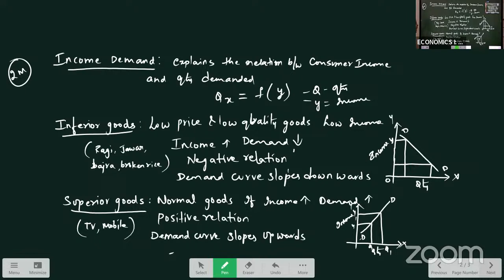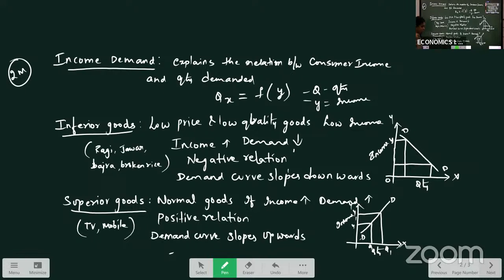In this case, income is the factor which is affecting the demand, not the price. As income increases, we demand less quantity of inferior goods. And as there is a negative relation between consumers' income and demand for inferior goods, the demand curve slopes downwards.